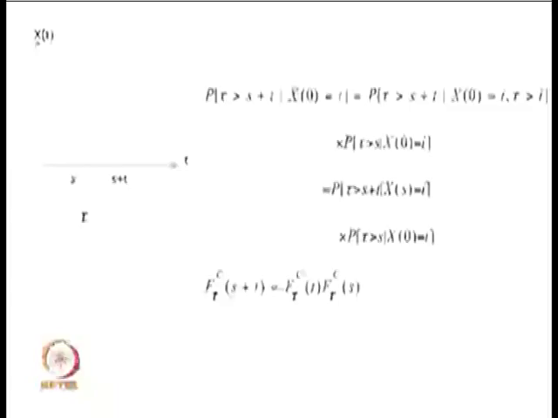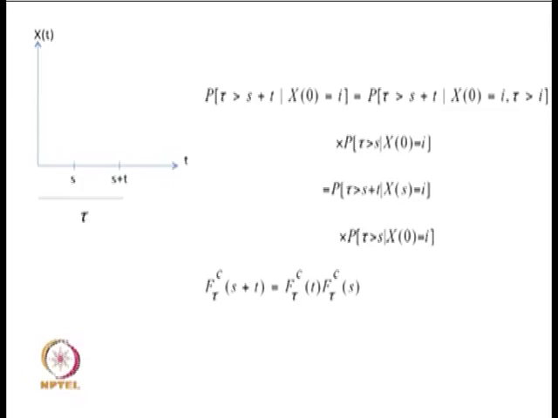After some time it moved into some other state. At the time point S it was in the state I. At the time point t also it moved into some other state. So, the tau here is nothing but the time spent in the state I, from here to here. So, that is a random variable.